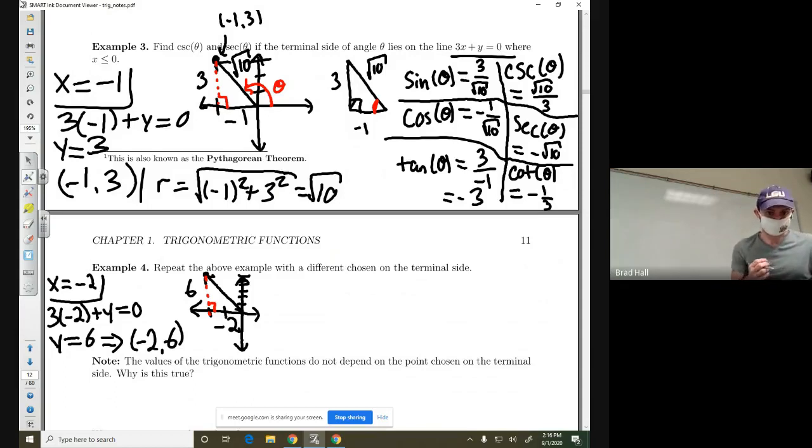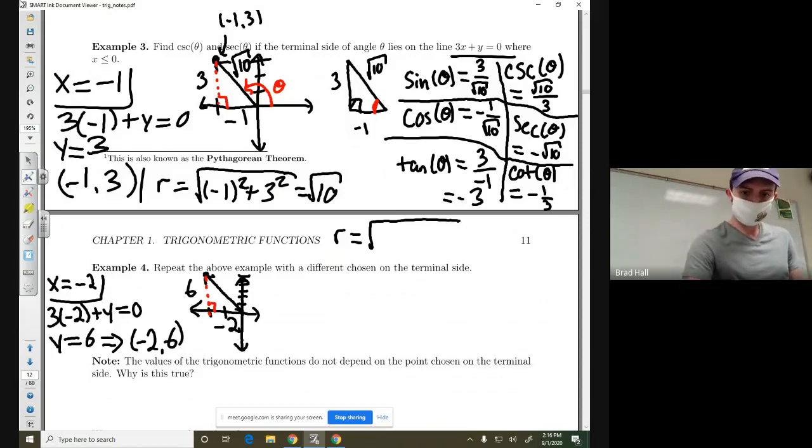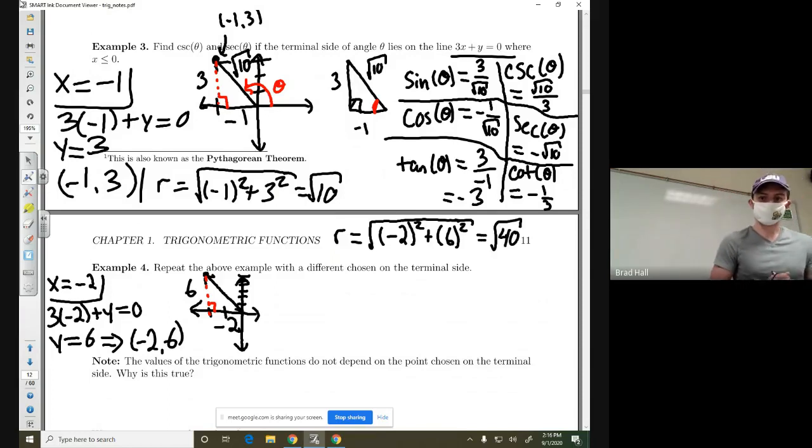Naturally, we can go ahead and determine the radius or the hypotenuse in this case. This is using the Pythagorean theorem. Negative 2 squared plus 6 squared. If I remember correctly, that's going to be the square root of 40, which doesn't really simplify too nicely, just like square root of 10.